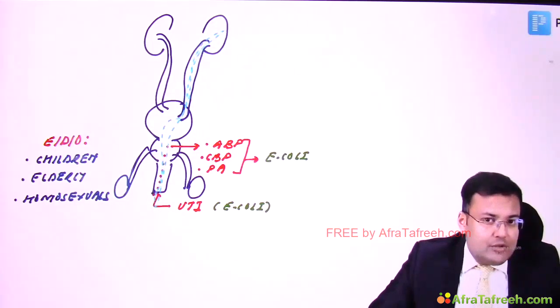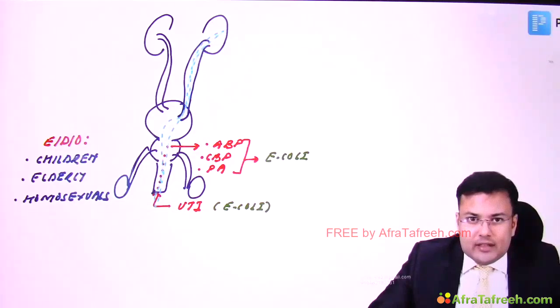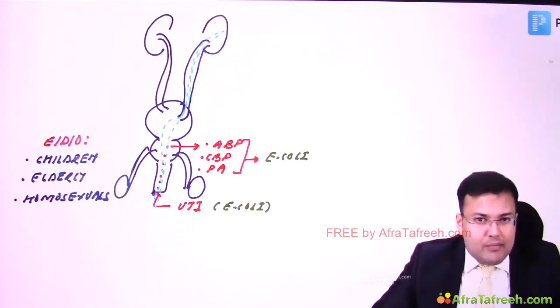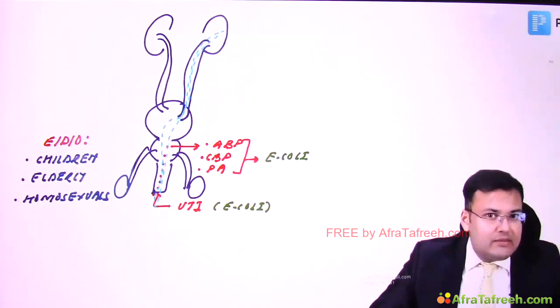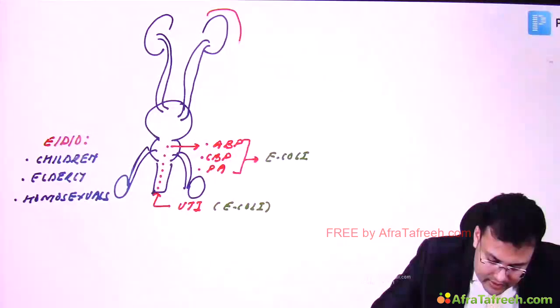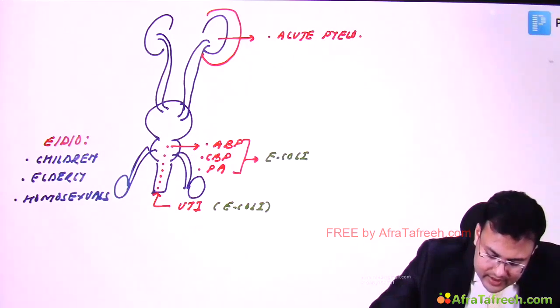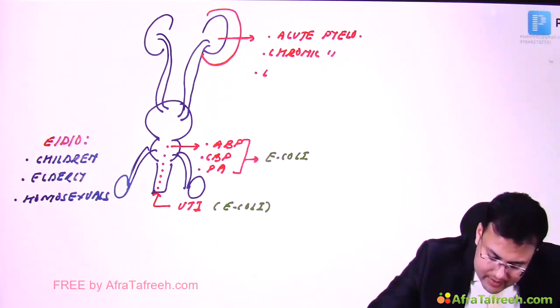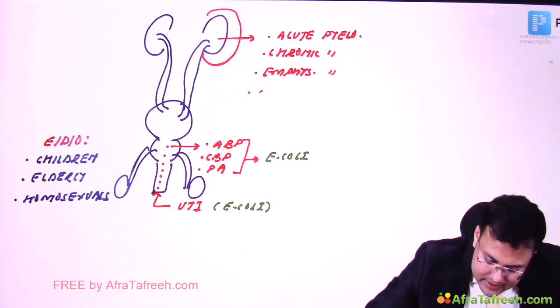The patient can develop acute pyelonephritis, chronic pyelonephritis, emphysematous pyelonephritis and perinephric abscess. The organism responsible is E. coli.